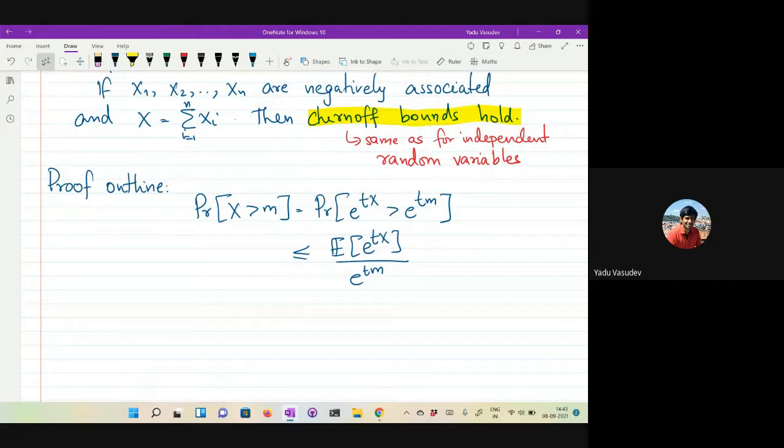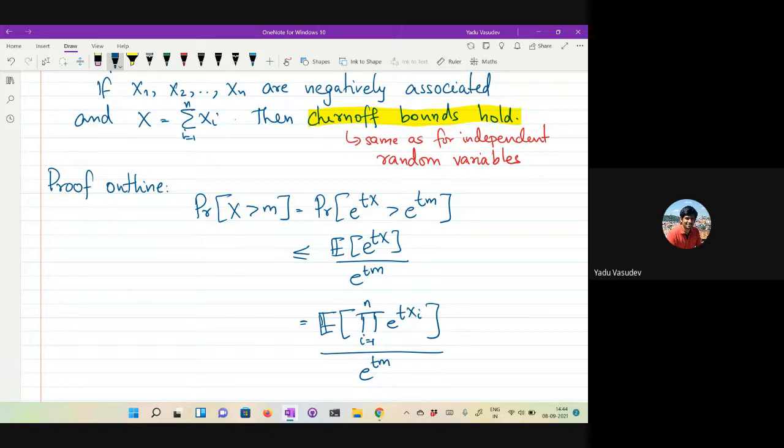At this point, what we said was that this is nothing but the expected value of the product of e power t xi's, i going from 1 to n, divided by e power tm, right?